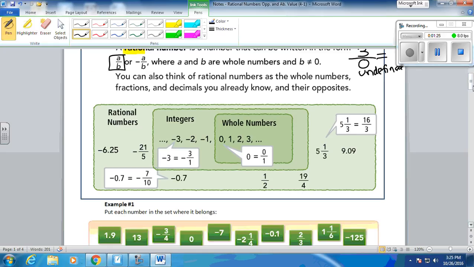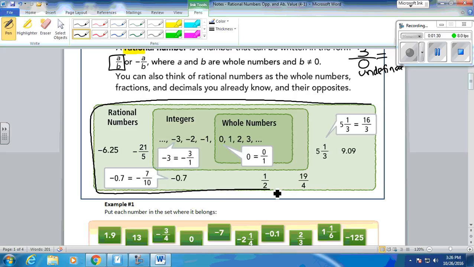So what they're showing you here is that this whole box, any number that lands inside the rational numbers, can be an integer and can be a whole number. So rational numbers can be written as fractions. They can be positive or negative. They can also be integers, and they can be whole numbers. So they're just showing us many different examples here of what types of rational numbers there are.